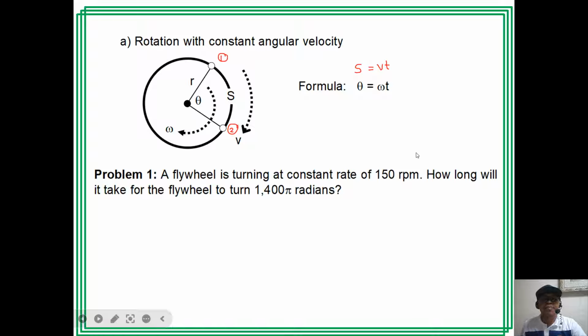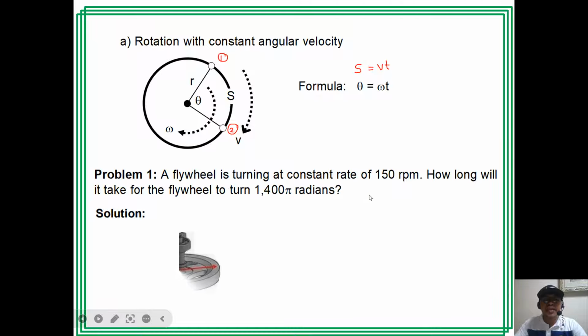So, a sample problem. A flywheel is turning at a constant rate of 150 RPM. How long will it take for the flywheel to turn 1,400 pi radians?